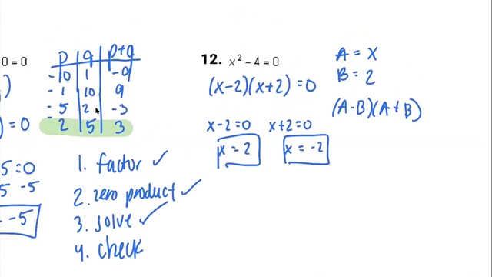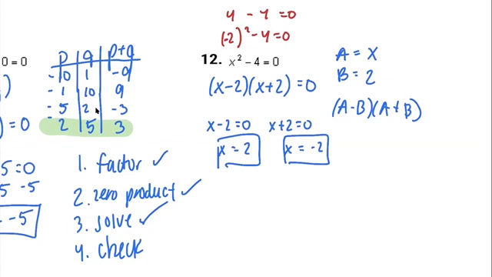If I plug in 2 here, 2 squared minus 4 equals 0. 4 minus 4 equals 0. And the same thing, -2 squared equals 4.